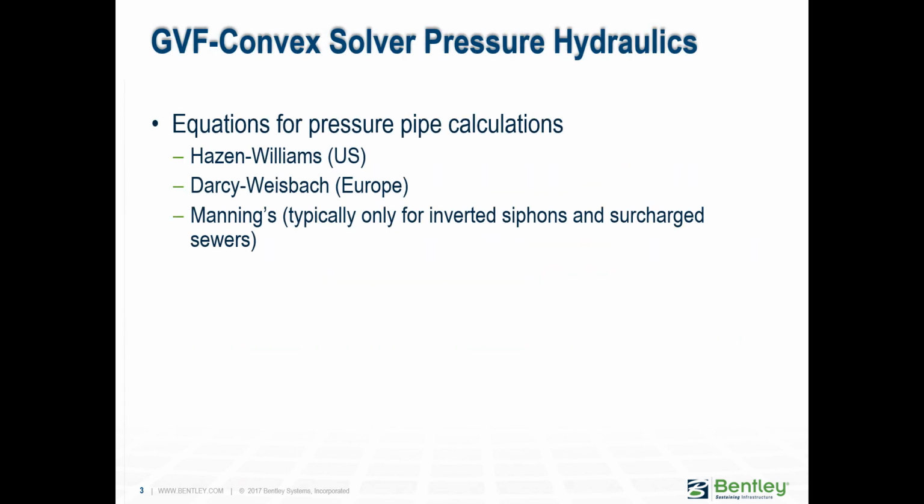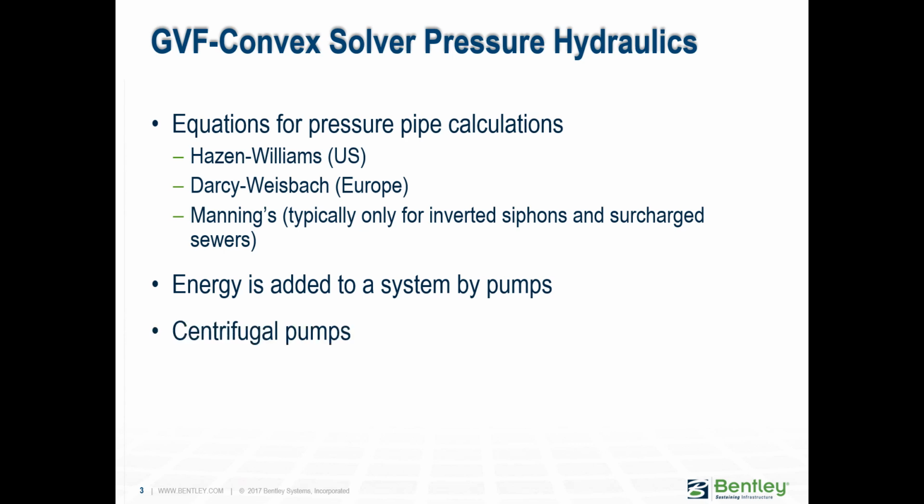Here's how the GVF-Convex solver handles the pressure hydraulics. It uses different head loss equations like Hazen-Williams and Darcy-Weisbach. Typically in the US, you'd be using Hazen-Williams. And the energy that gets added to the system is added by means of a pump.